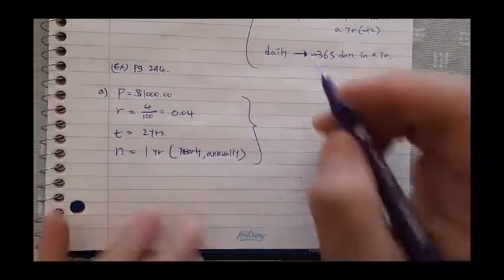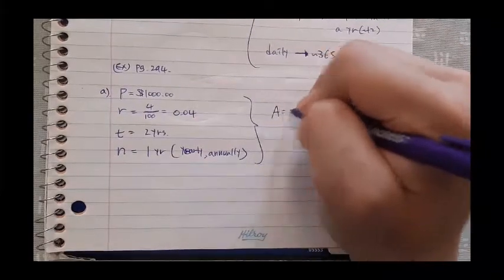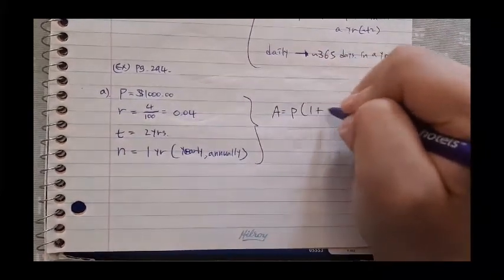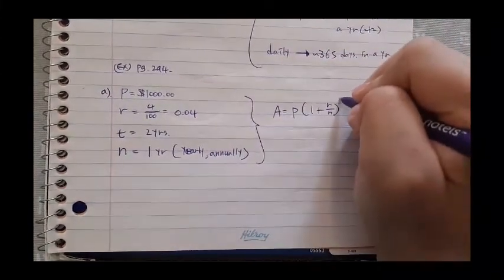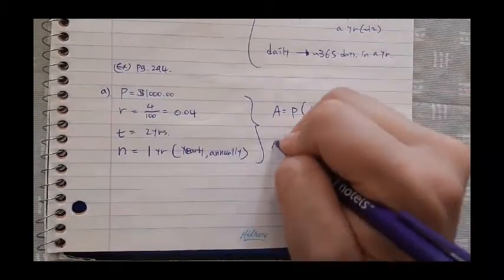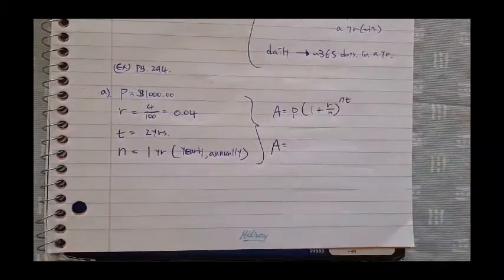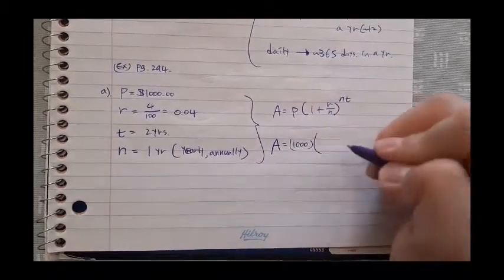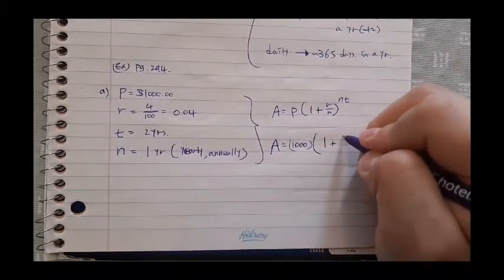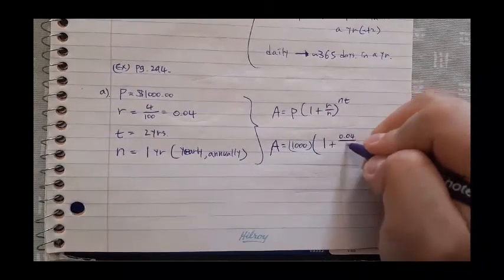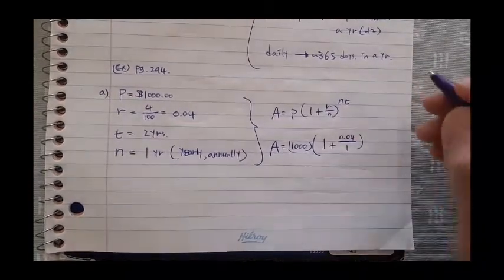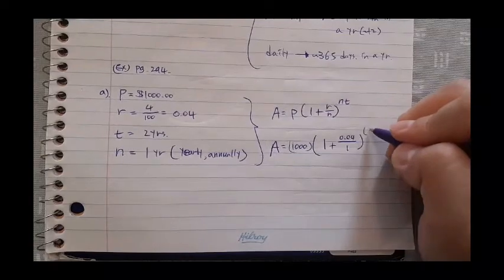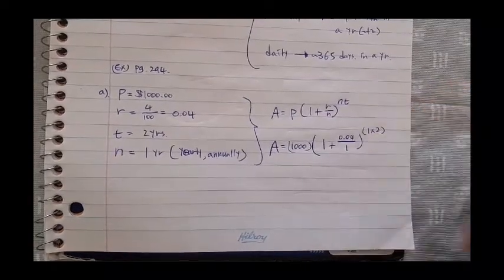Now our next step, copy the formula. A is equal to P(1 + R/N)^(NT). Then second step, substitute 1000, bracket open, 1 plus 0.04 over 1, which is 0.04, and then 1 times 2.